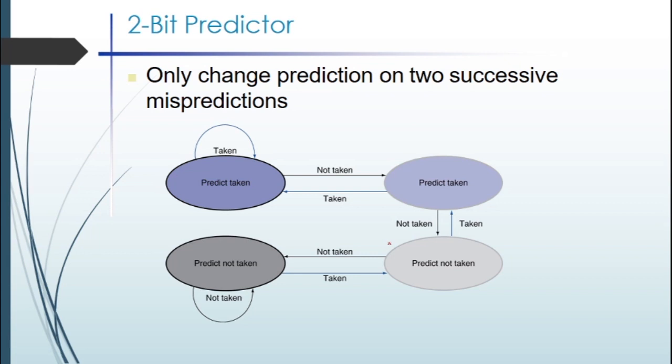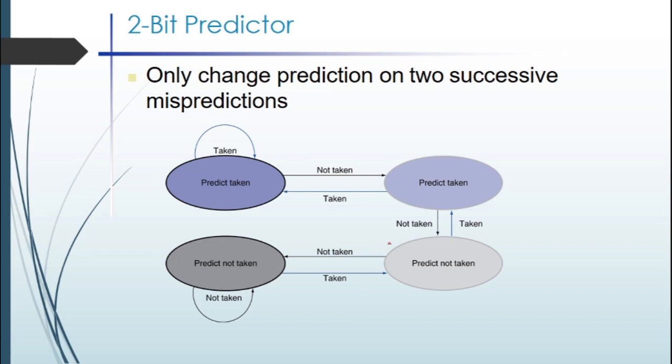The dynamic 2-bit predictor will not change the prediction for a specific branch until there are two mispredictions. If there are two successive mispredictions, it means the branch behavior is changing.